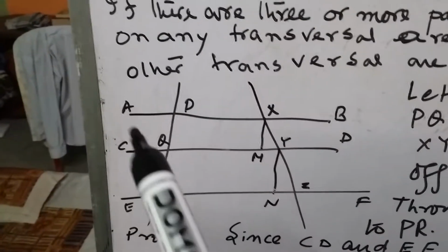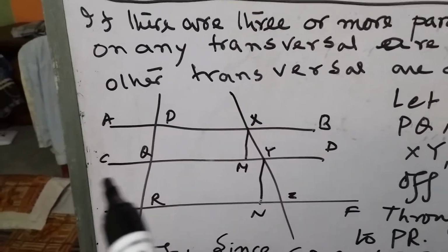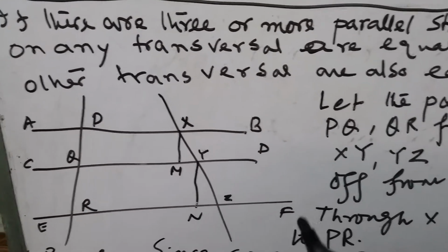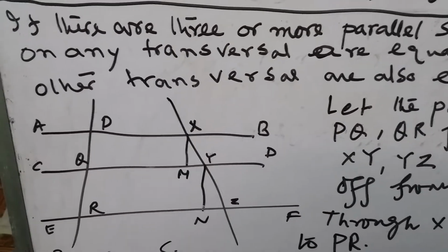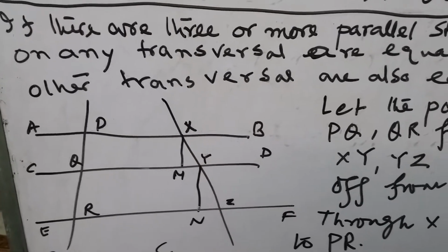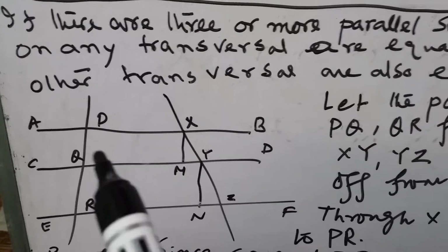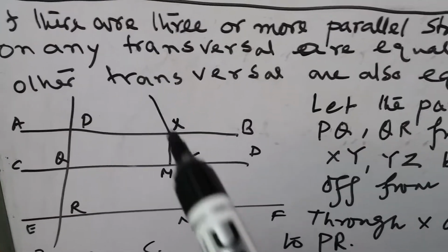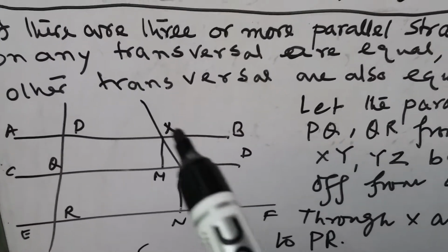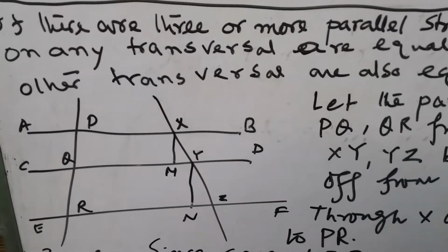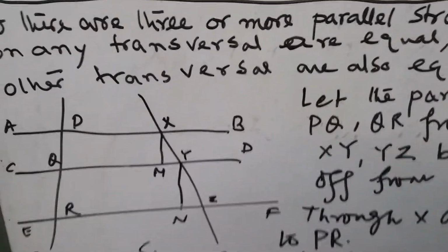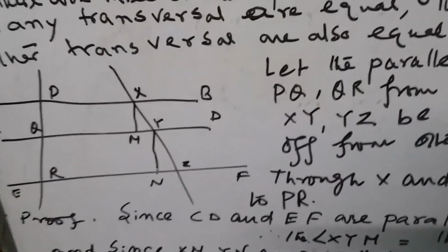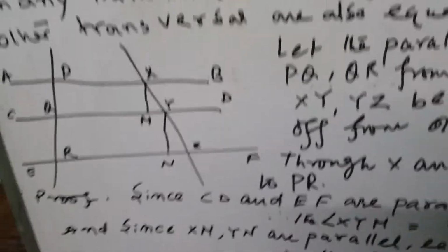It means these AB, CD and EF, three straight lines, are considered parallel, and that is the transversal. If PQ and QR are equal, then on another transversal, XY and YZ must be equal.